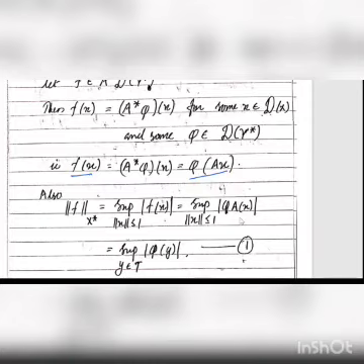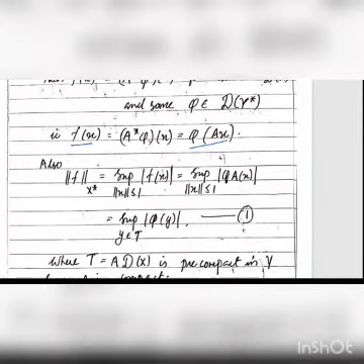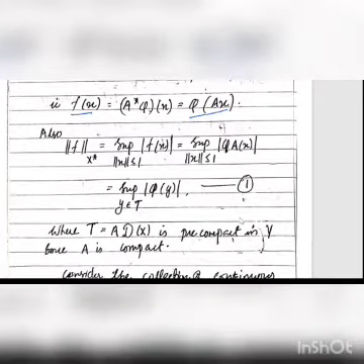Now this will reduce to the supremum over y belonging to T of modulus of phi of y. Why can I write it like this? Since y belongs to T, what was T? T is A of D x, which is pre-compact in y since A is compact.